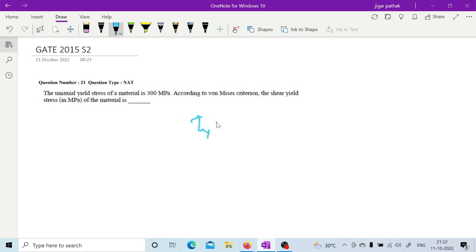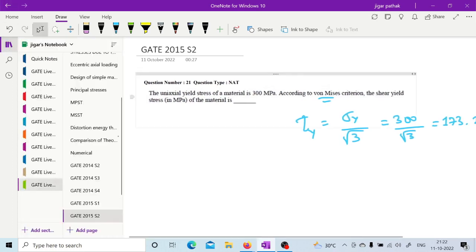Because tau y is equal to sigma y by root 3 as per the von Mises criterion. So sigma y is given as 300, divided by root 3 will be 173.1 megapascal. Okay.